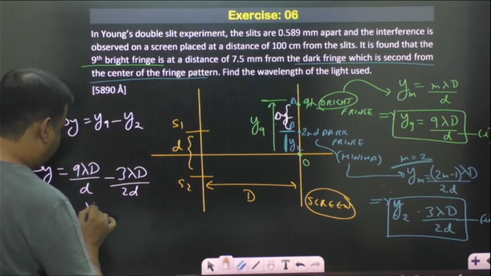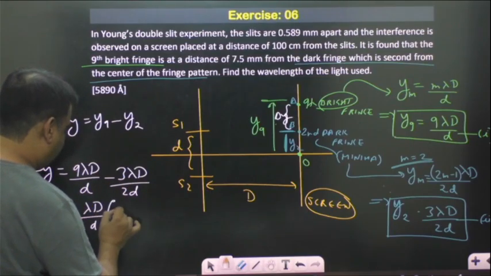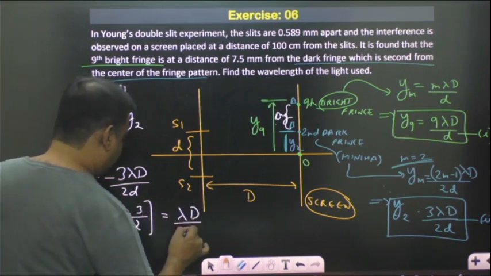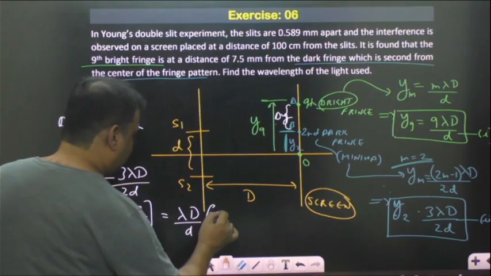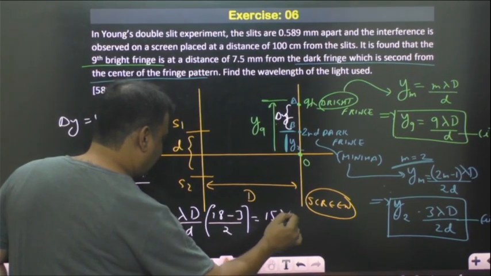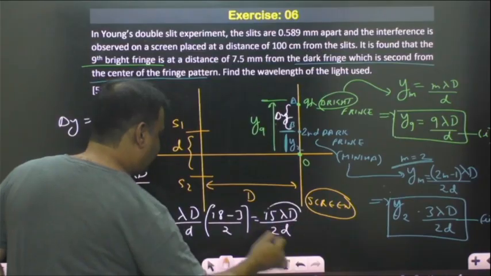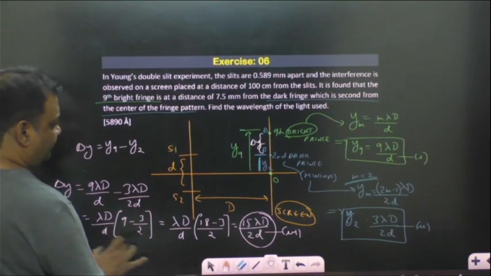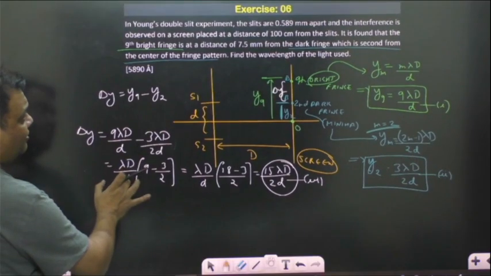So you can take lambda capital D by d as a common factor, 9 minus 3 by 2. So you'll get lambda capital D by small d, 18 minus 3 by 2, that is 15 lambda capital D by 2d, correct? So this is the distance between these two fringes.